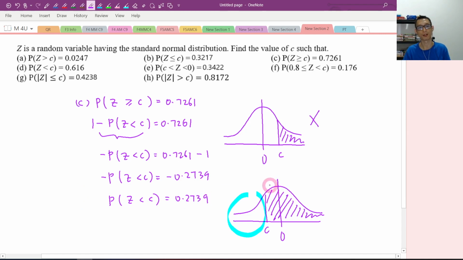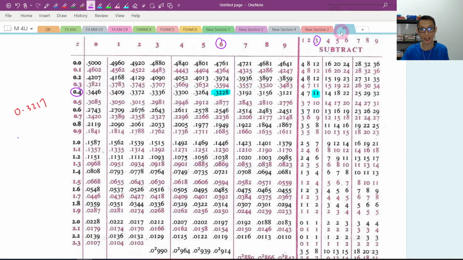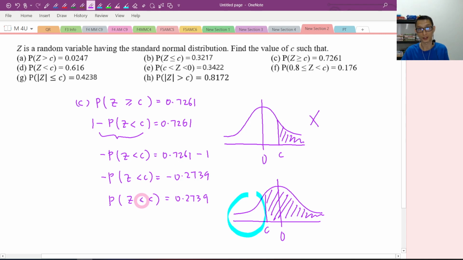Okay, now how do we continue? As I told you just now, every time we want to get the answer from the table, make sure that the sign is greater than or equal to. We don't want this. So let me sketch a diagram for you first. Personally, I think that drawing this diagram will help you a lot in solving this type of question.